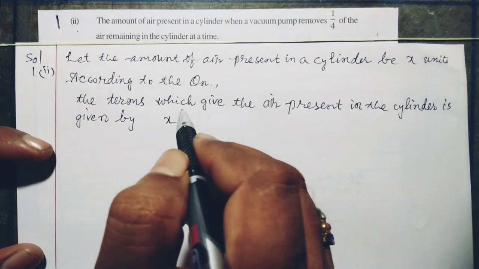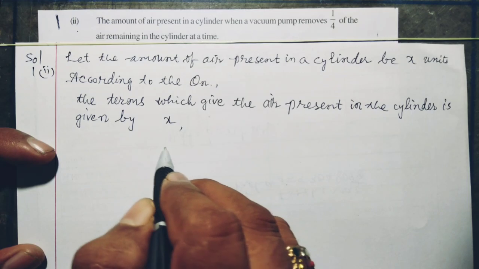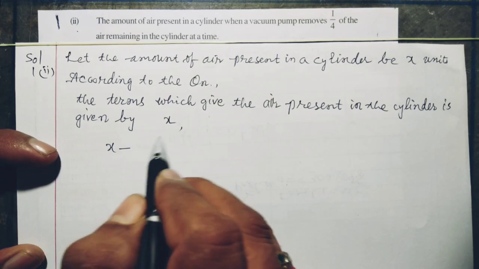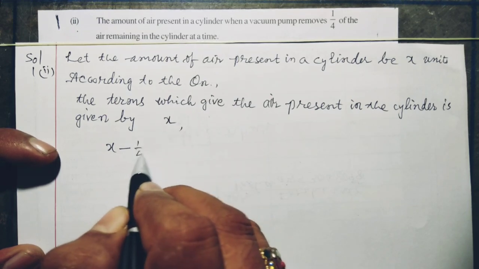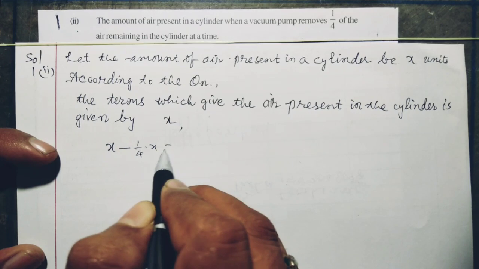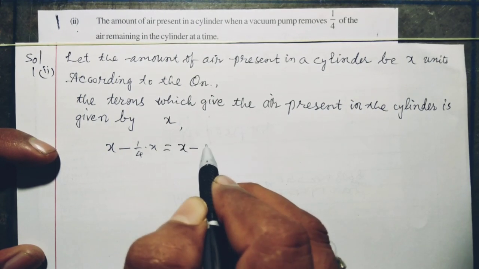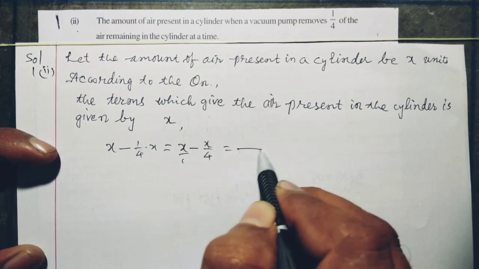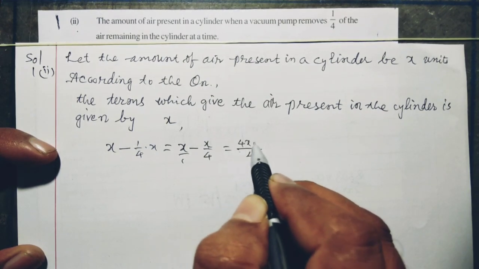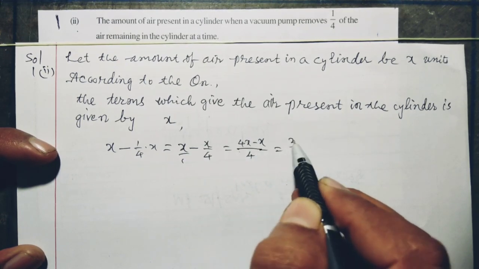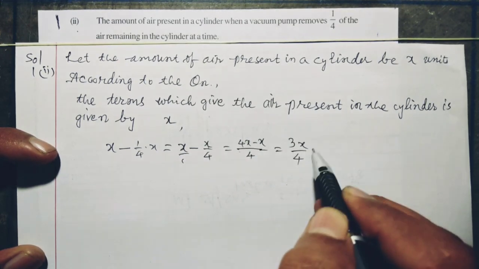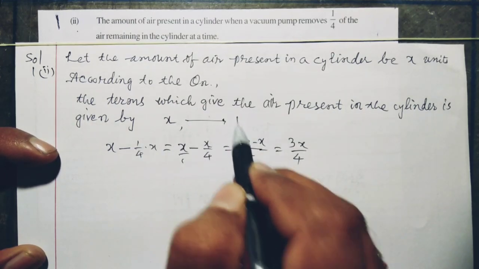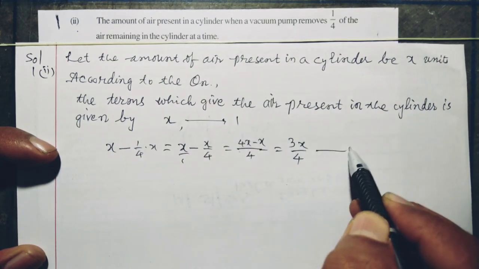This is first term. Second term, x minus 1 by 4 of x. x minus x by 4, that is equal to LCM 4, 4x minus x is equal to 3x by 4. This is the first term. This is the second term.